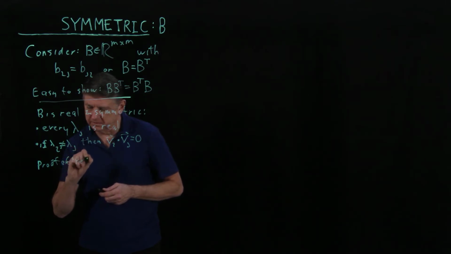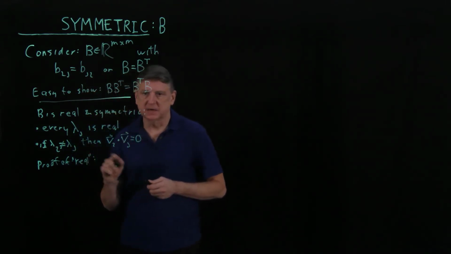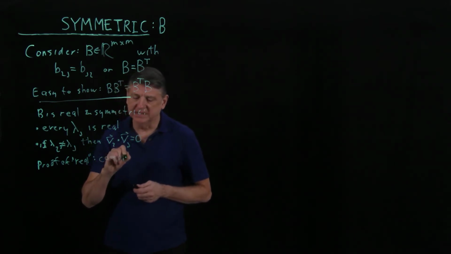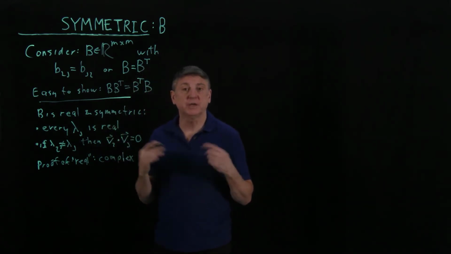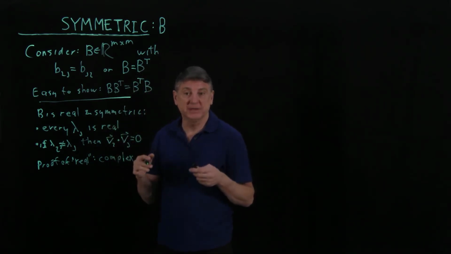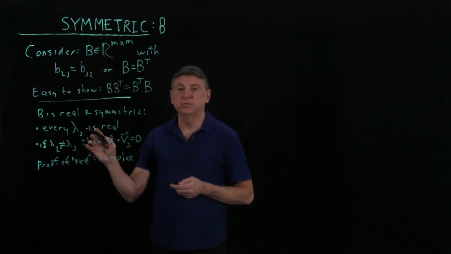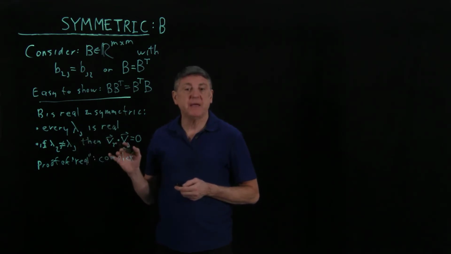So the proof of the real part is complex. And I mean that literally, is that to handle that, to prove that it's real, we have to go into complex numbers and then show that it's a special case. Now, we can handle the proof of the second one by expanding something in two ways.